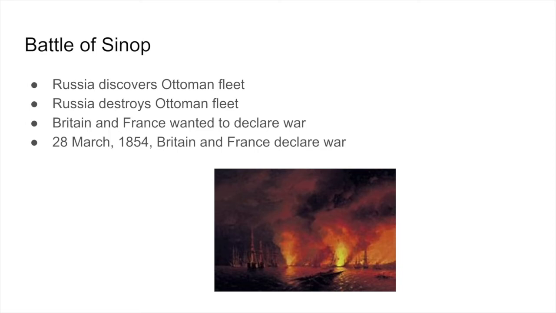Britain and France used this battle as an example in order to shape a public opinion that war should be declared on Russia. On the 28th of March, 1854, after Russia ignored an Anglo-French ultimatum to withdraw from the Danubian principalities, the United Kingdom and France declared war.